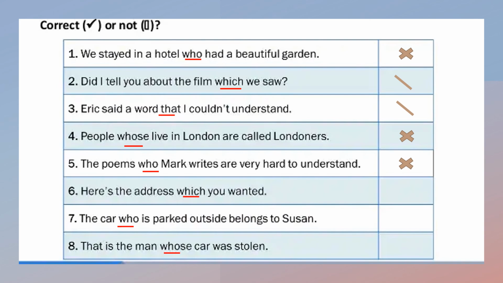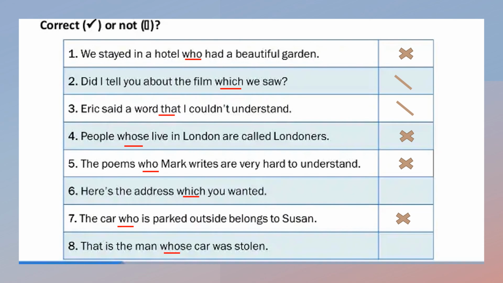Number 6, here's the address which you wanted. No problem with this sentence, because address is a thing, so you can use which. Number 7, the car who is parked outside belongs to Susan. You cannot say car with who because who is only for humans.